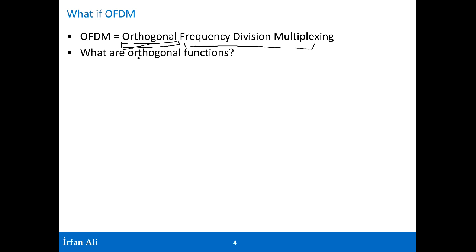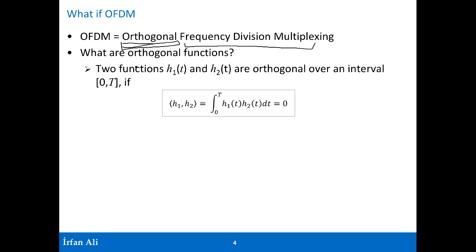If you pick up Wikipedia and look in there, if you have two time domain functions h1 and h2 of t, they are orthogonal over an interval of 0 to T if their inner product, which is an integral of the multiplication of the two time functions over this domain, is equal to 0.